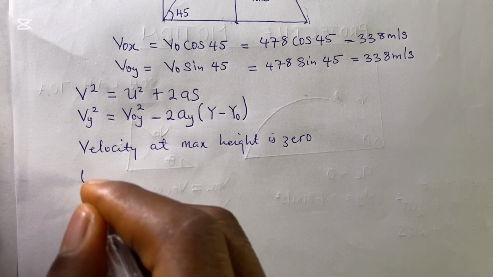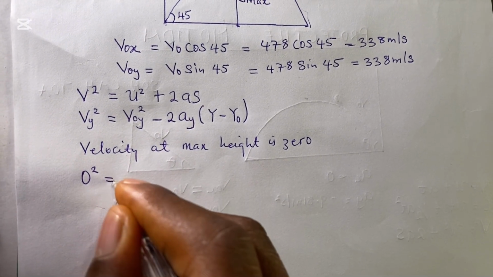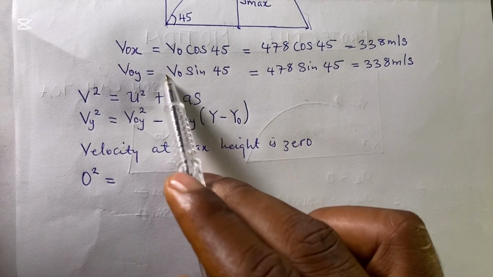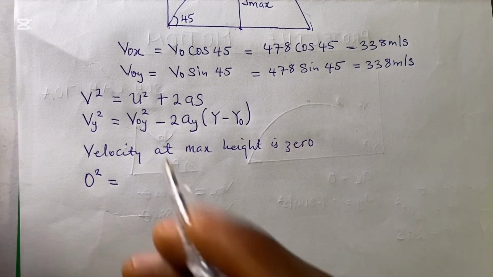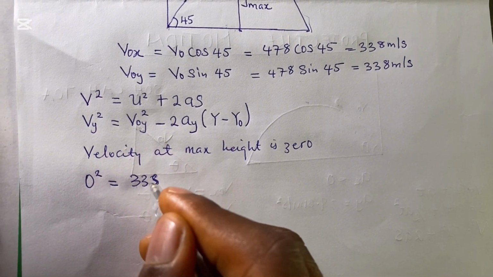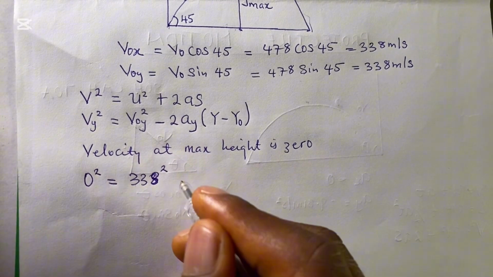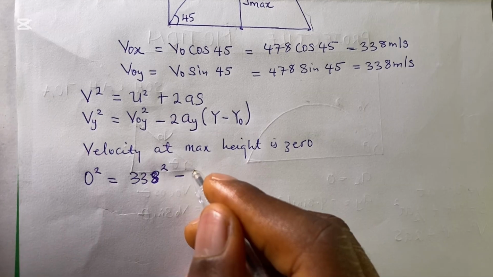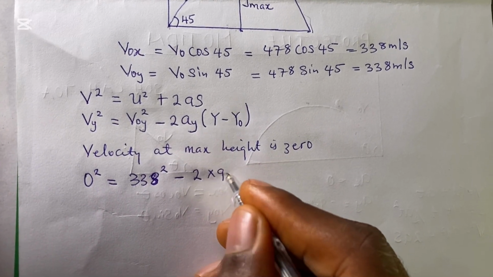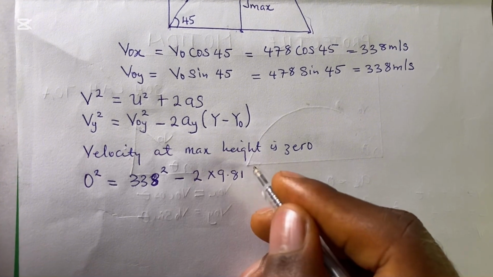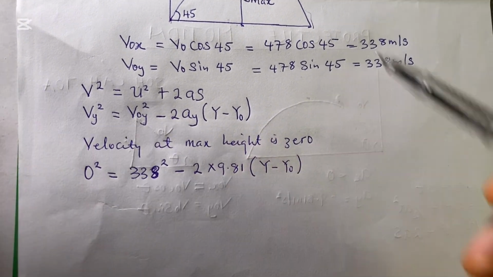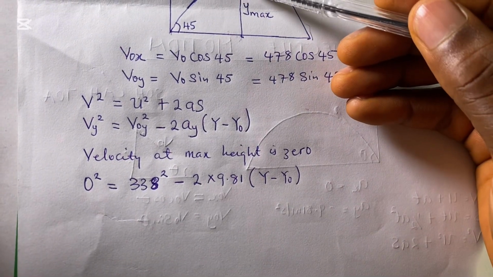We'll be having 0 squared is equal to, what is our v naught y? We found it to be 338 squared minus 2 times, what is a_y? 9.81. This is what you are looking for, the change in position from 0 to the maximum height.